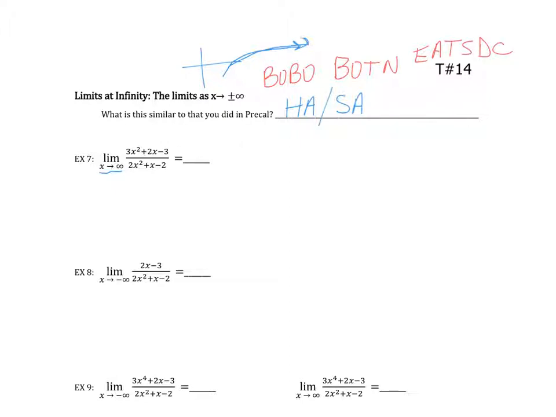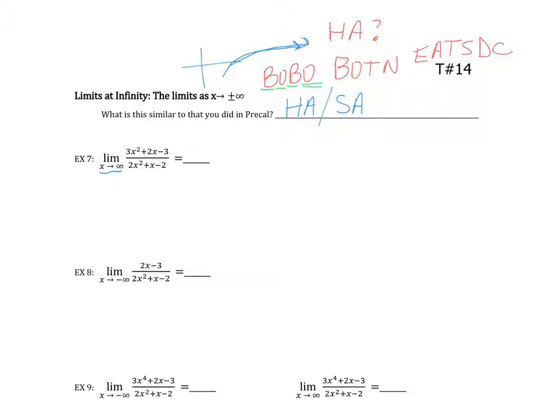Now, what did that tell you? It was asking you, if when we did the rational functions and the question was asking you about an HA, I said, okay, think of Bobo Botten. Now, what did that stand for? And you can write this down. So I'm underlining. I'm not going to write it, but you can write it on yours. Bigger on bottom, the HA was 0.